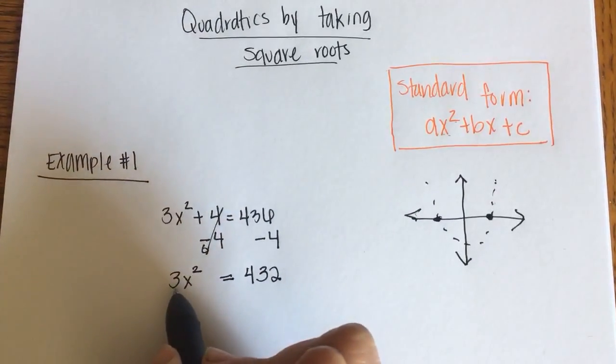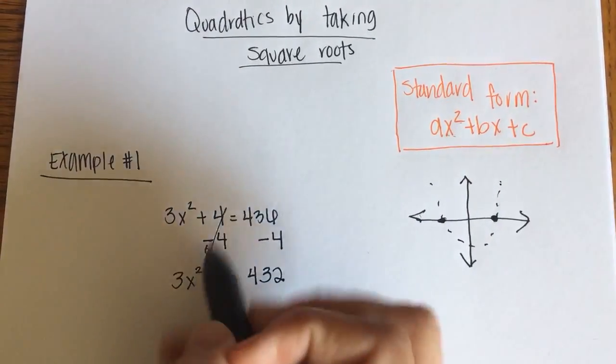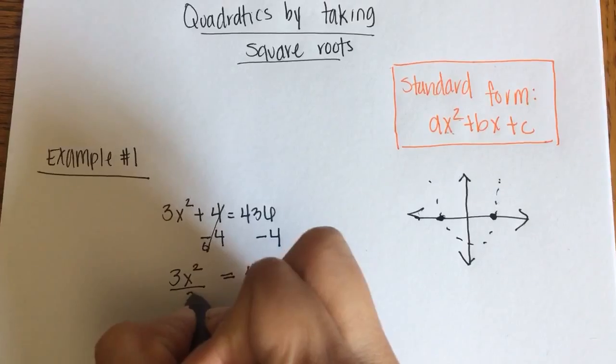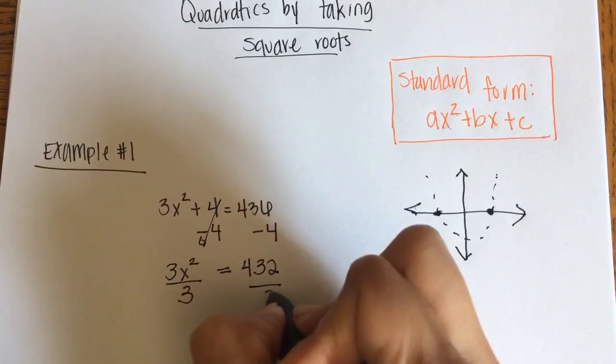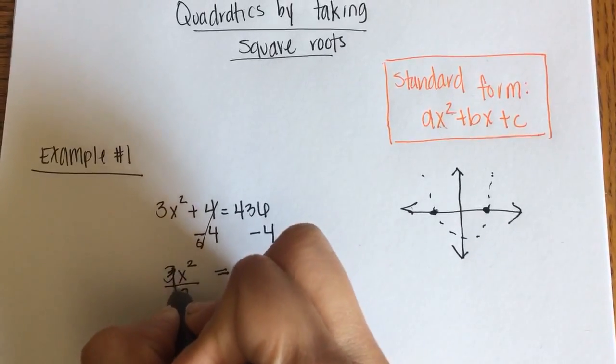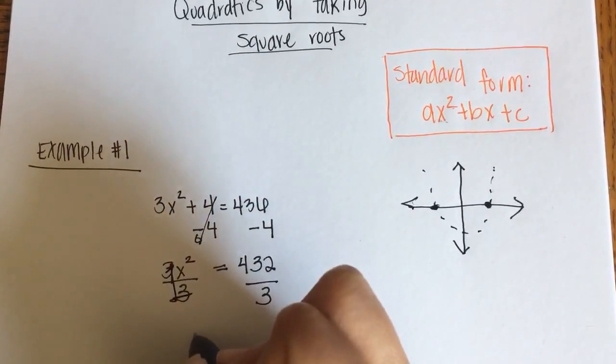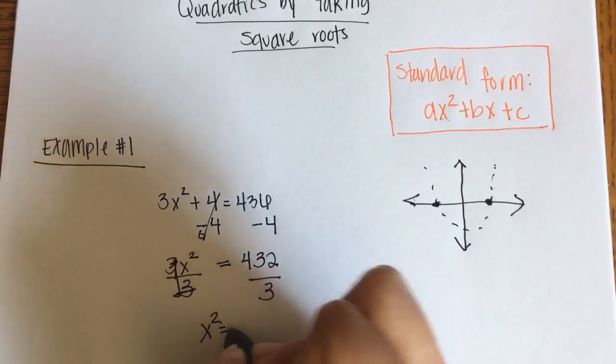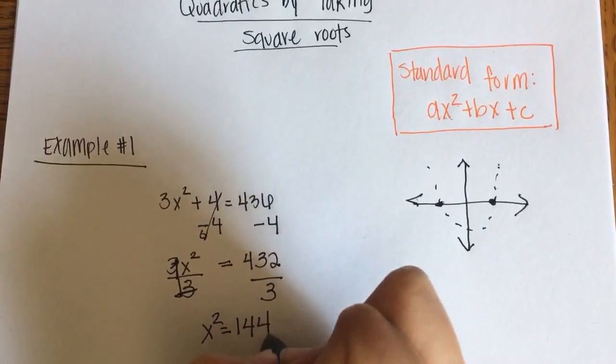And then since we know that 3 is multiplying x squared, we do the opposite, which is division. We divide both sides by 3. This cancels and it becomes a giant 1, so we have x squared equals 144.